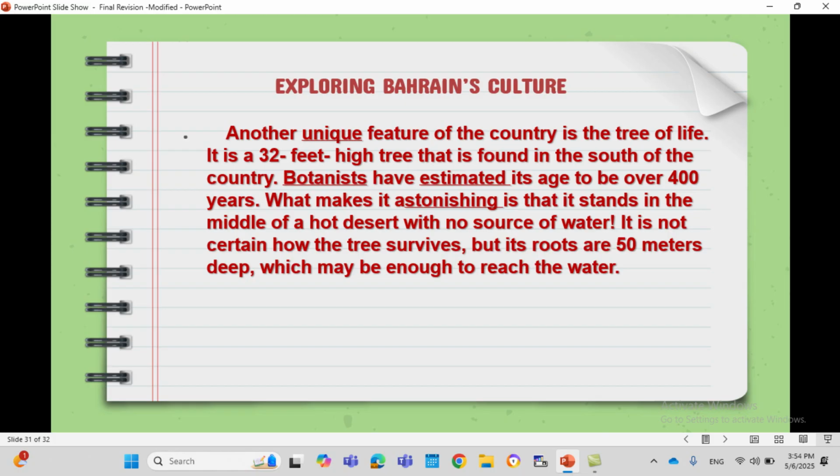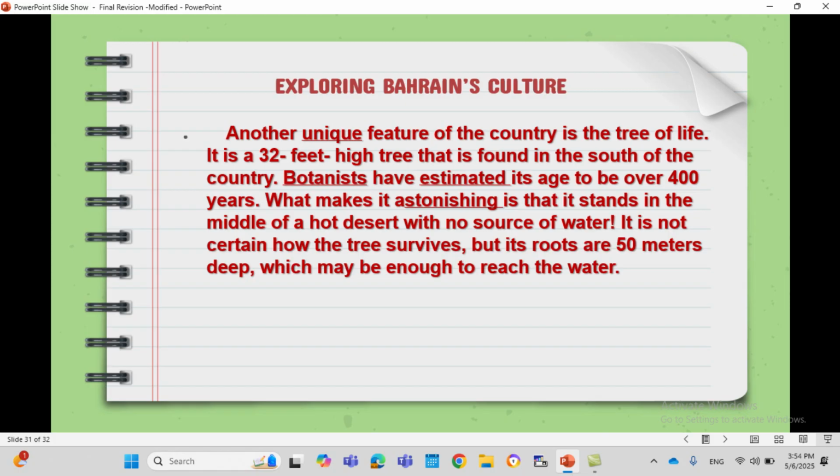Botanist means the scientists who study plants. We call them botanists. Botanists have estimated its age to be over 400 years. Can you imagine? The tree of life is 400 years of age. What makes it astonishing is that it stands in the middle of a hot desert with no source of water.